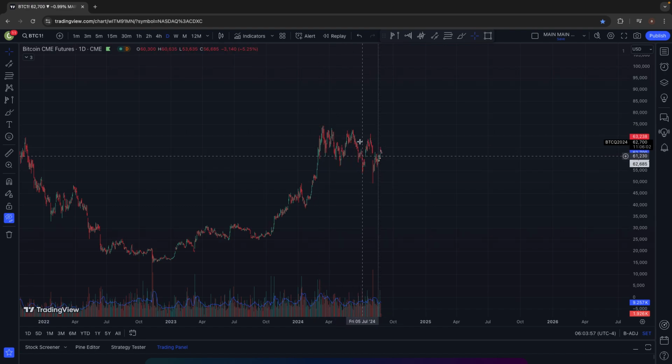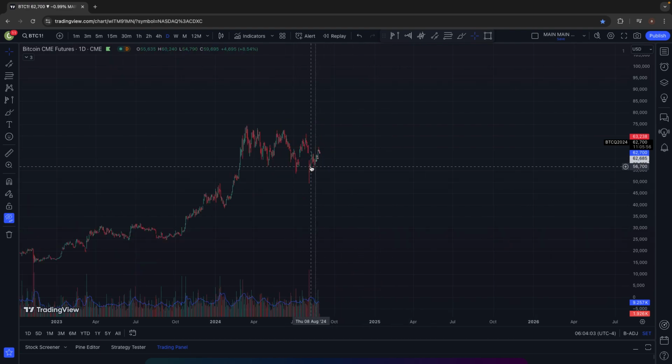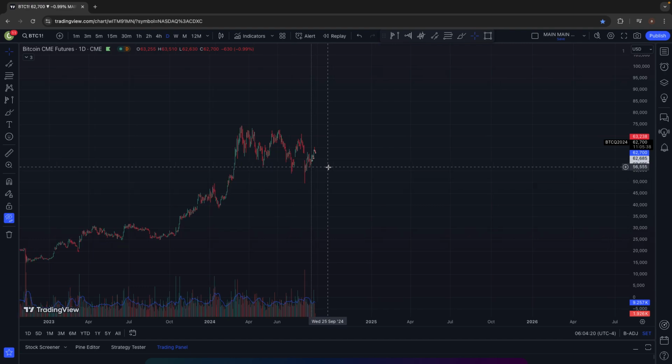Usually this turns out to be a bull flag, and as long as you're putting in higher lows here, the bull flag is possible. But if you turn this into a head and shoulders bull trap, it will bearish engulf on the daily, probably to under 60K, and then we will hold that level underneath 60K to let people DCA and buy the dip, and then it will actually impulse back down all the way to 56, 55.